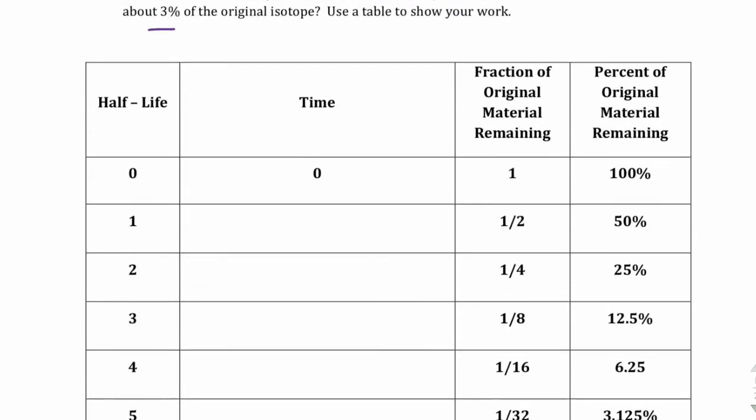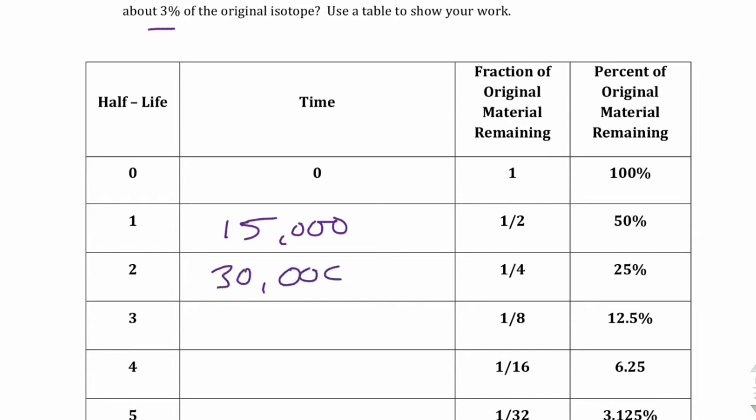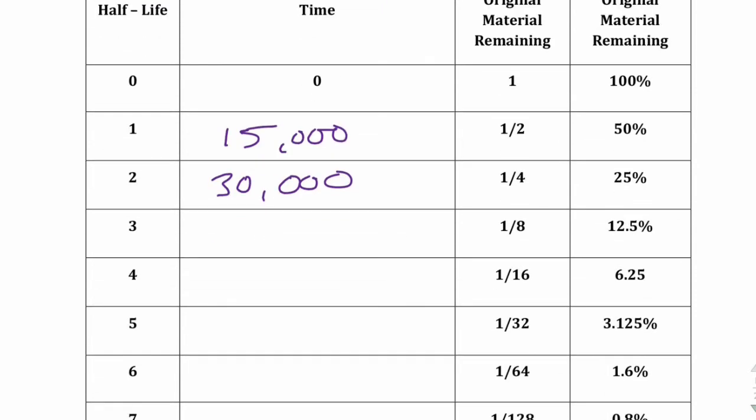Here's what it looks like. Here's my 15,000 years after one half-life. After two half-lives, I'm going to have 30,000 years. Why? Because another half-life happened. After another half-life, it's going to be 45,000. Notice that I'm adding 15,000 for every half-life. 60,000. 75,000.